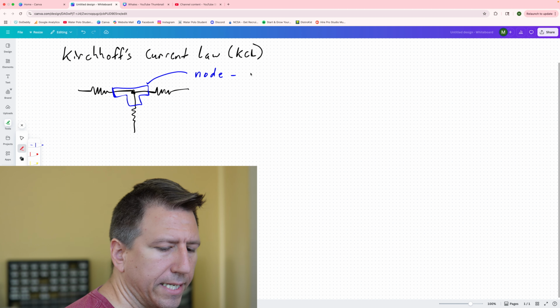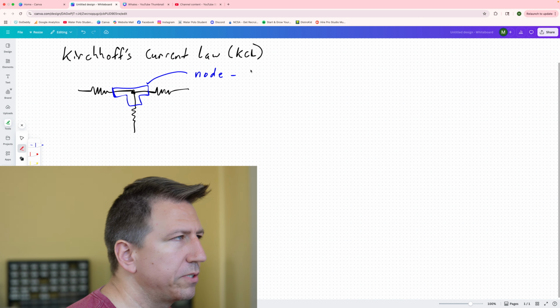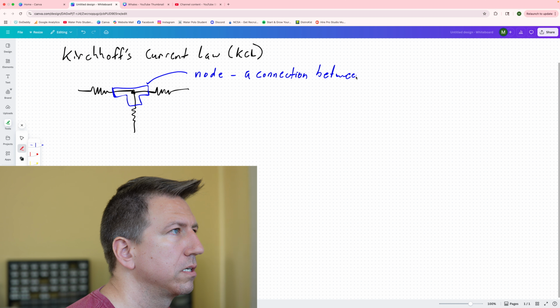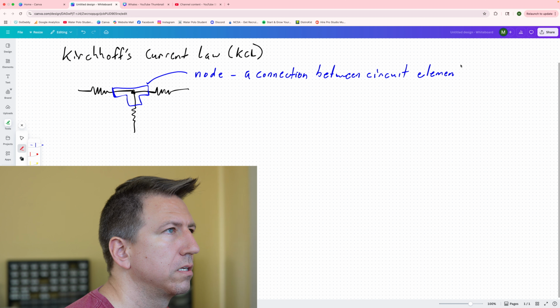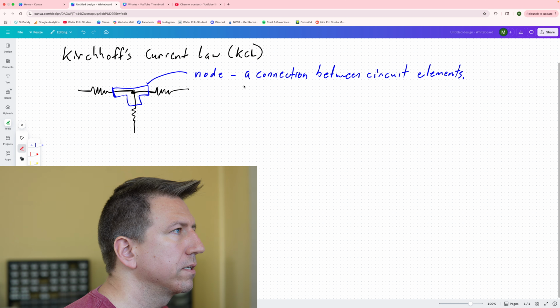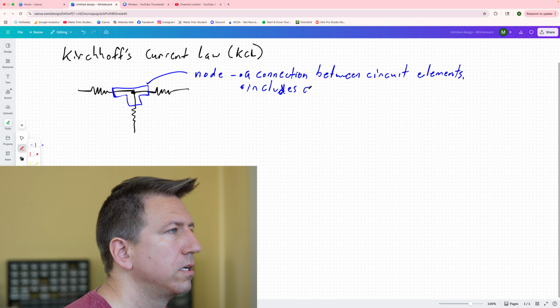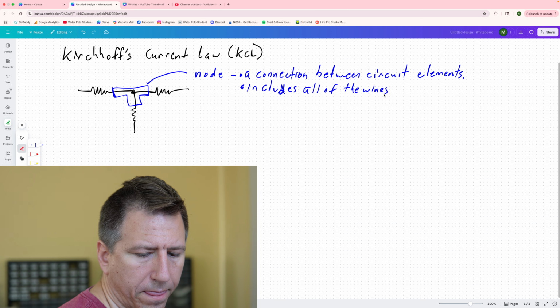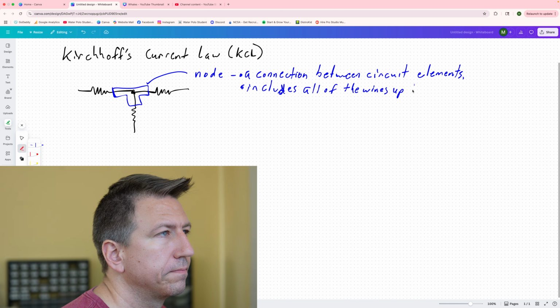A node is a connection between circuit elements, and it includes all of the wires up to the elements.